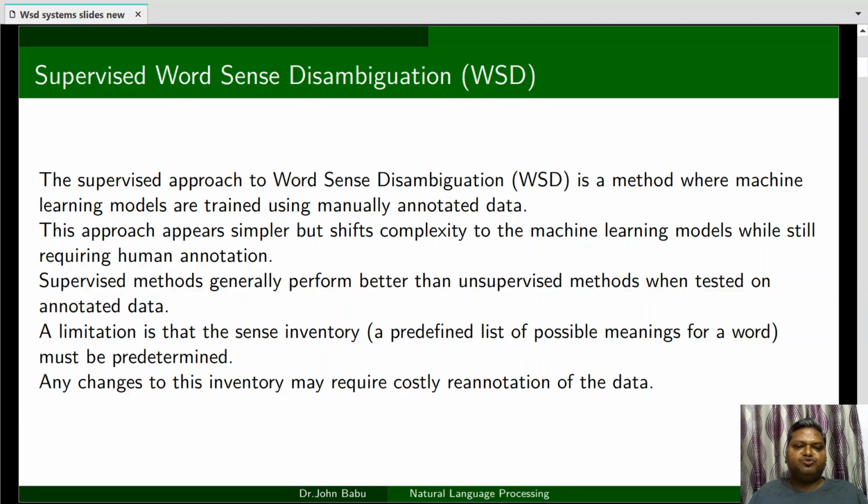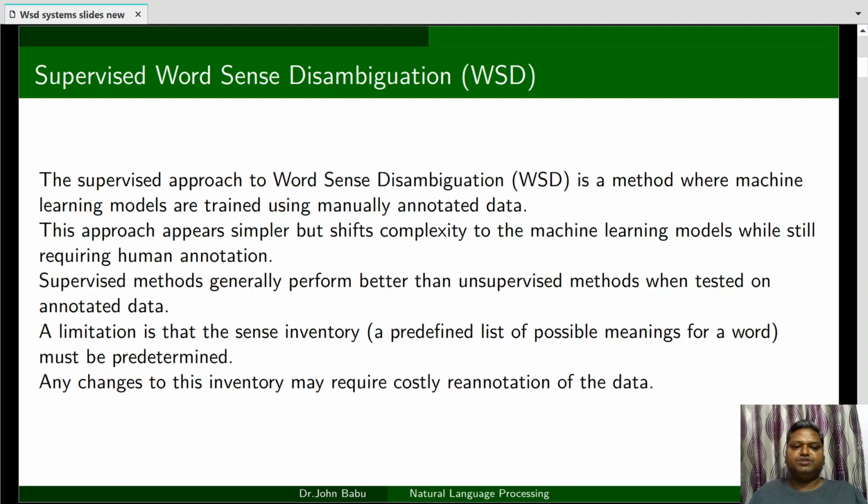And when it comes to NLP and word sense disambiguation, when we talk about labeled data, that is the availability of manually annotated data, hand annotated data. For every ambiguous word, human experts will provide the word sense.